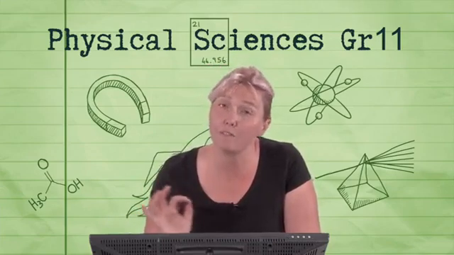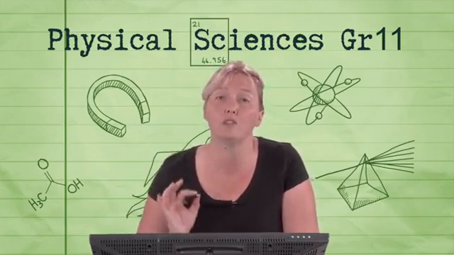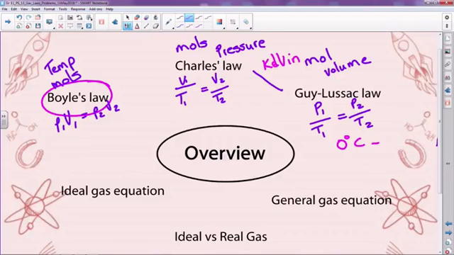So there's a difference of 273. I'm just going to make a note of it here to remind ourselves: 0 Celsius is 273 Kelvin, and minus 273 Celsius is 0 Kelvin, also known as absolute zero.